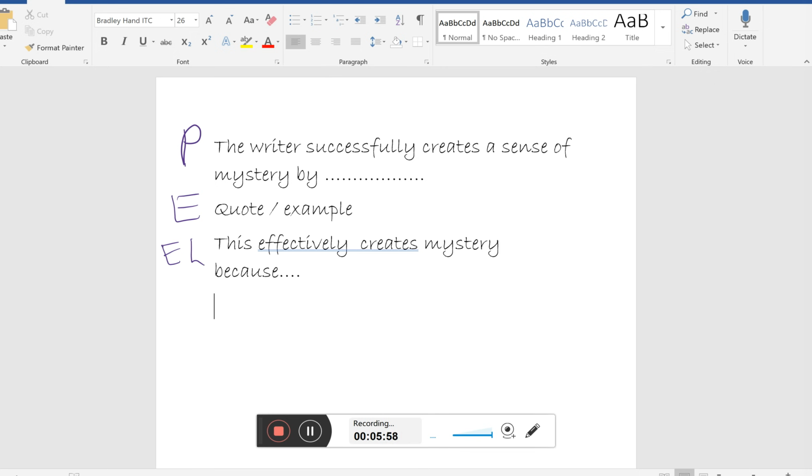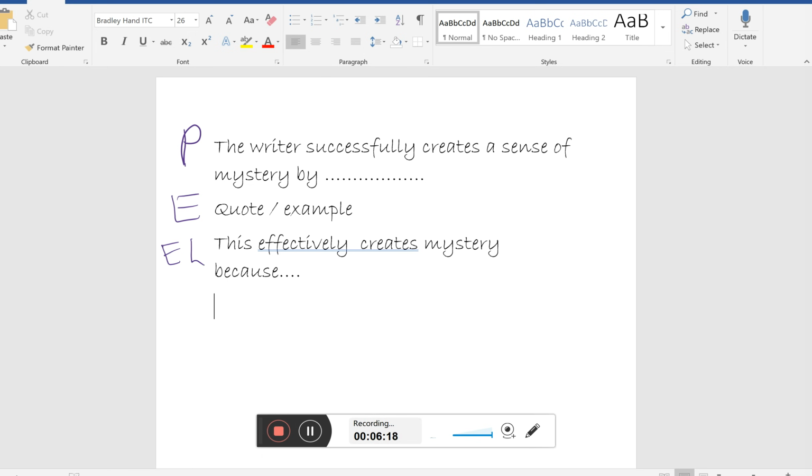The explanation and the link is you're saying it effectively creates mystery because, and then you're really trying to think, well, how does it create mystery? Why does it make me feel that this is mysterious? What's the connotation of those words? And I've also included link because sometimes my students forget to link back to the question.